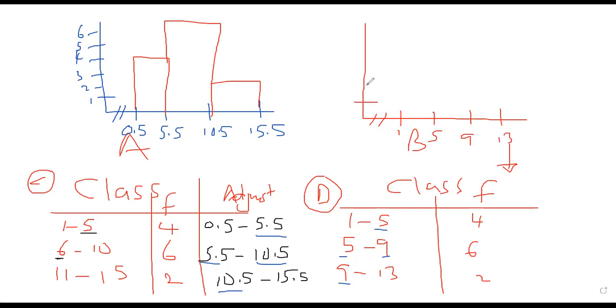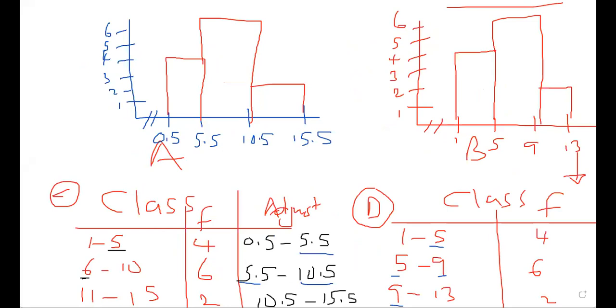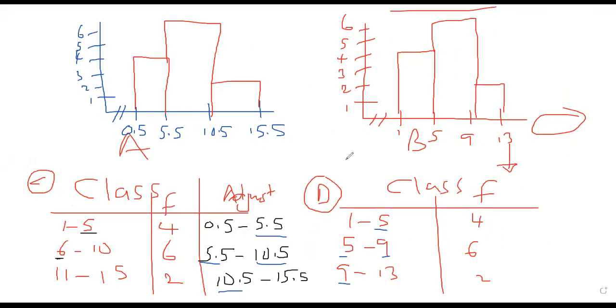So here we have 1, 2, 3, 4, 5, 6. So from 1 to 5, it is at 4. From 5 to 9, it has 6. From 9 to 13, we have a 2. So a histogram must have a title, whatever the title we have, and a class title here. Okay. So this is very important to understand.